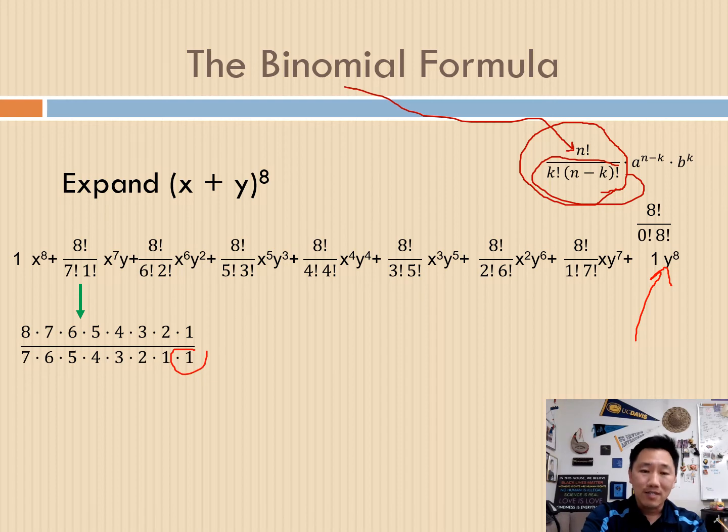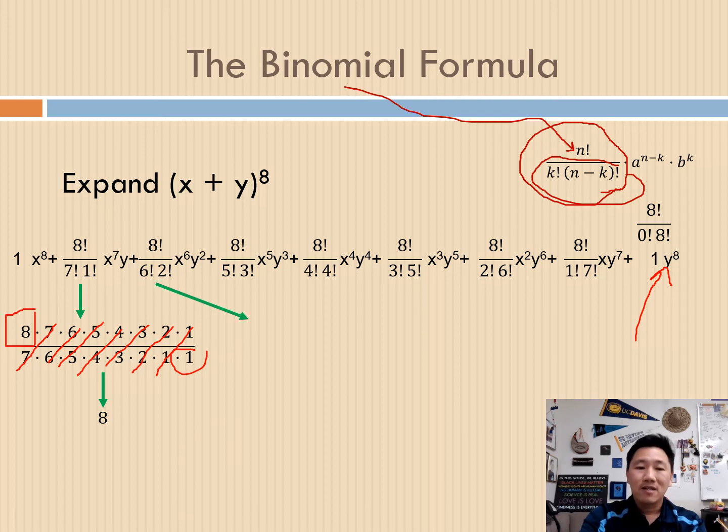And if you notice, most of everything cancels out. That's kind of fun with using factorials, usually a lot of stuff cancels out. And we're left with just 8. All of that work just to get an 8.